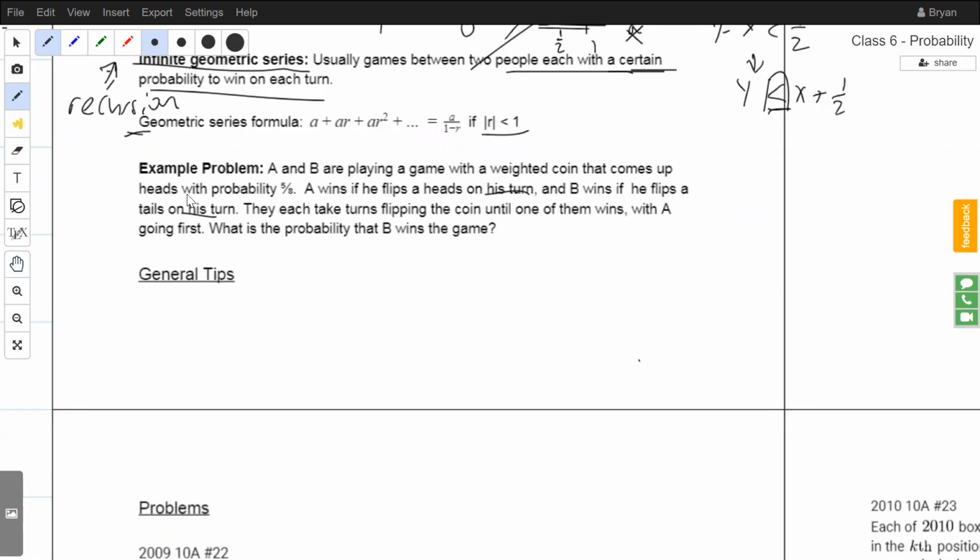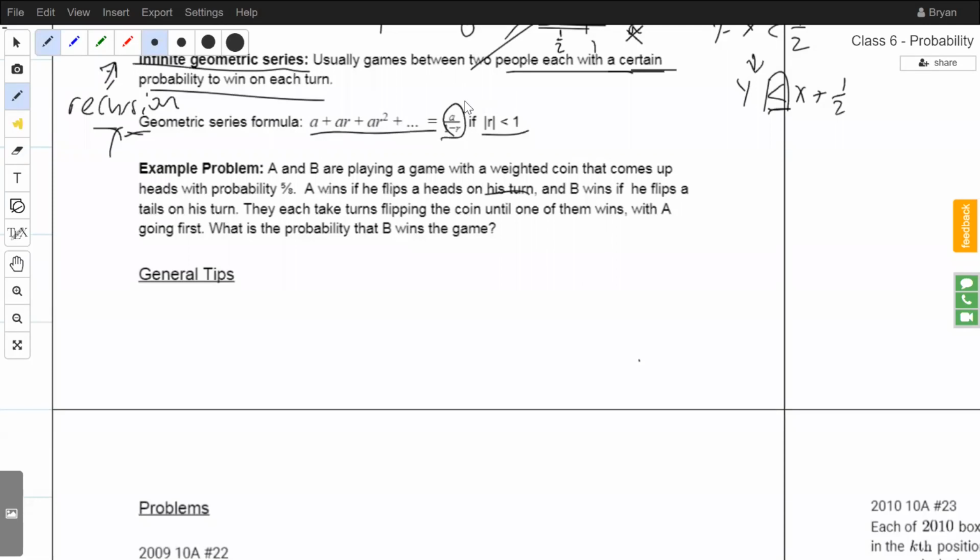The way you can do this problem is by creating an infinite geometric series and then just finding the sum. So the probability that B wins. The way you approach this problem is you can sort of think of it as infinite casework that will eventually lead to a geometric series. By infinite casework, I mean you can do casework on the number of turns it takes for B to win the game.